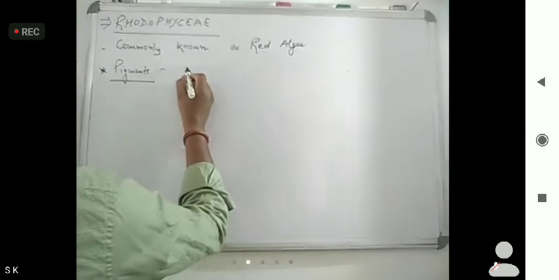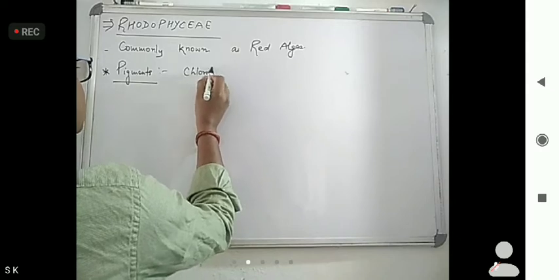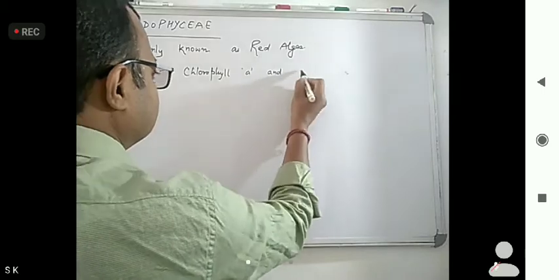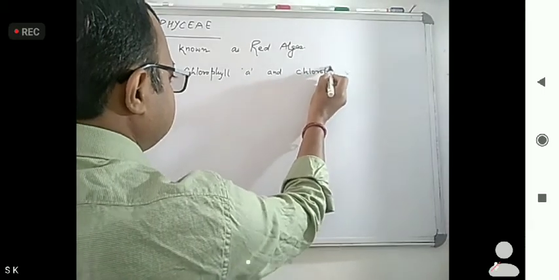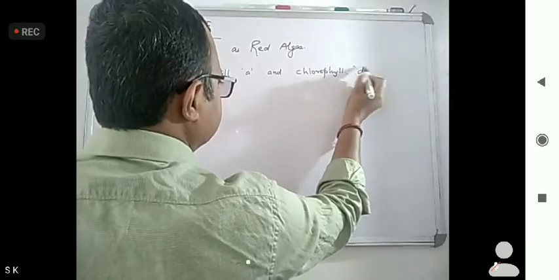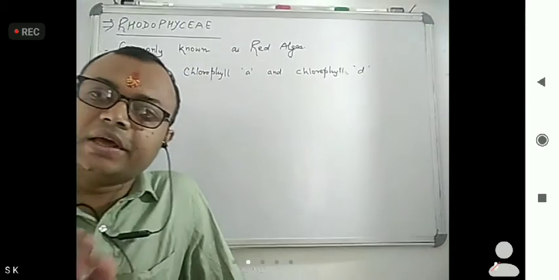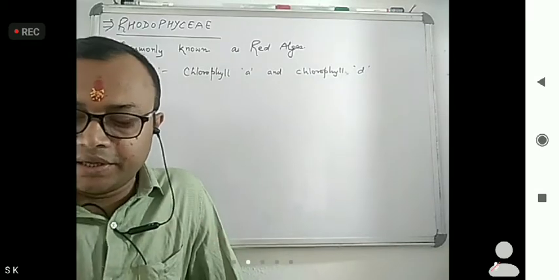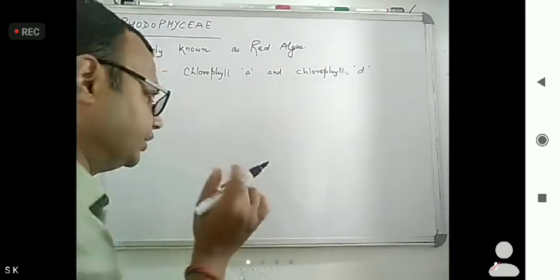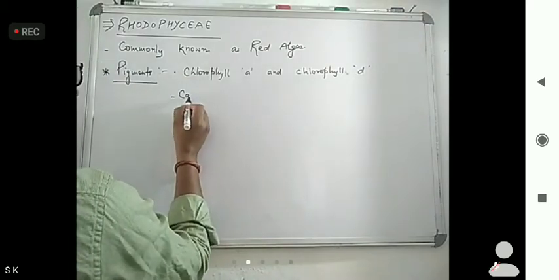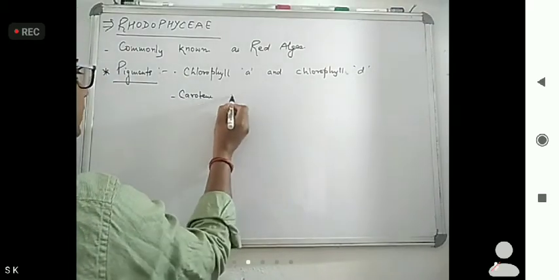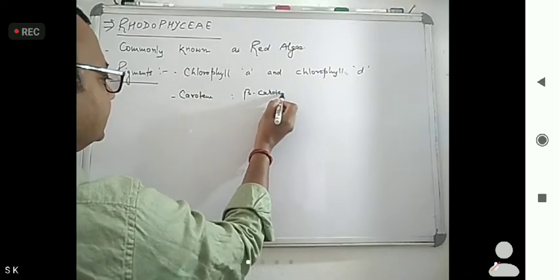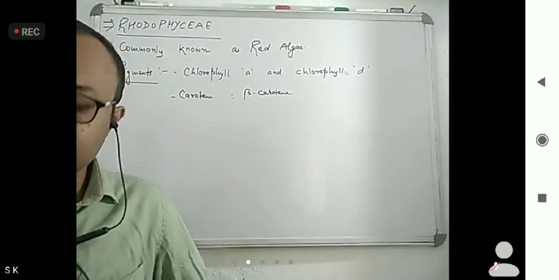So here chlorophyll a and chlorophyll d are present. Green algae have chlorophyll a and b, brown algae have chlorophyll a and c, and red algae have chlorophyll a and d. Now in carotene, they contain beta carotene as the type of carotene.